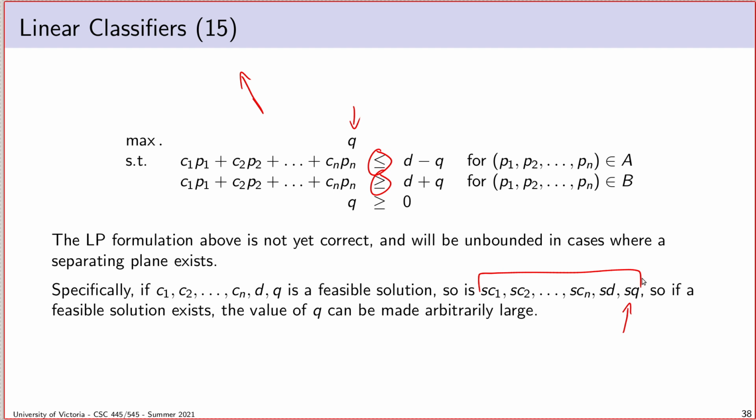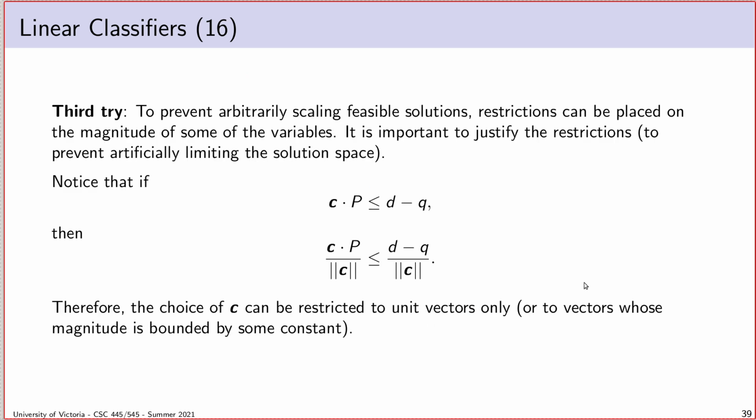The solution is to find some way of restricting how big the magnitude of my normal vector can be, because that would mean that I can't just take an arbitrary multiple of my vector C and have it continue to be feasible. And it turns out that that's where we end up with a little bit of a problem with linear programming. So I could try this. To avoid arbitrarily scaling a feasible solution, I can restrict the magnitude of some variables.